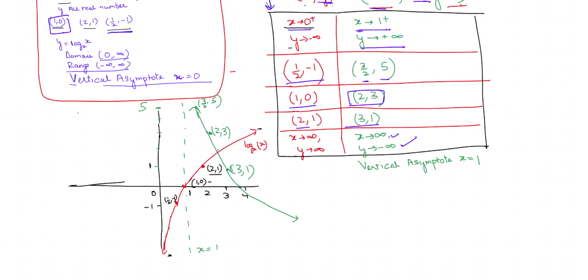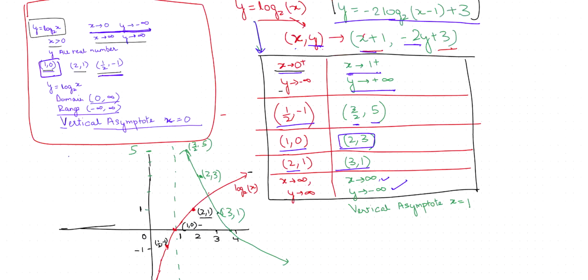So here in this we see the vertical asymptote is x is equal to 1, which is shown here. And the points we got, 3 by 2, 5 is here. 2, 3 is here. 3, 1 is here. And the x-intercept is around 3.8. So that is here.